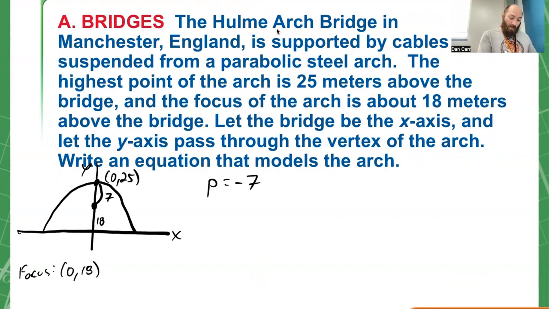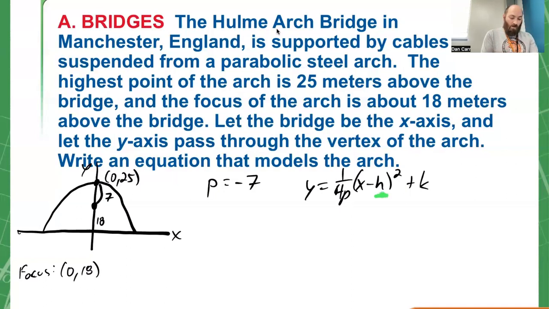Because it opens down, I'm going to use the 1/4p (x minus h)² plus k. So here's a case where my vertex is not at 0, 0. Okay, but I'm still modeling it pretty similarly.